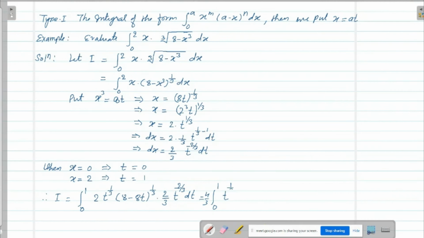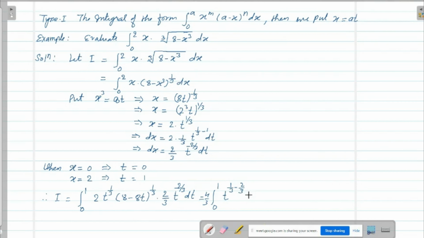The base is same, the power will be added, so that is 2 by 3. Now I am taking 8 outside, so this becomes 1 minus t, the power is 1 by 3 and dt.